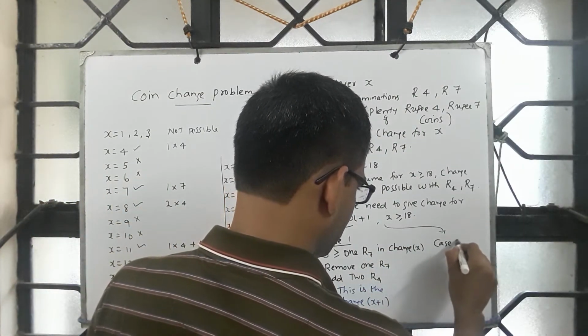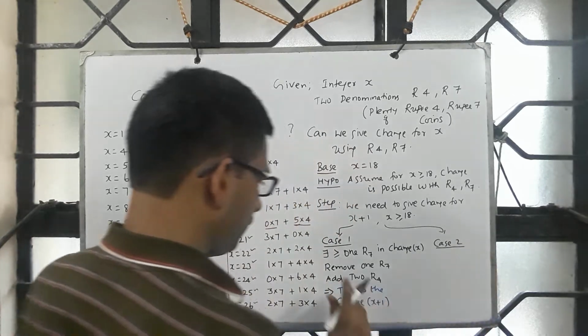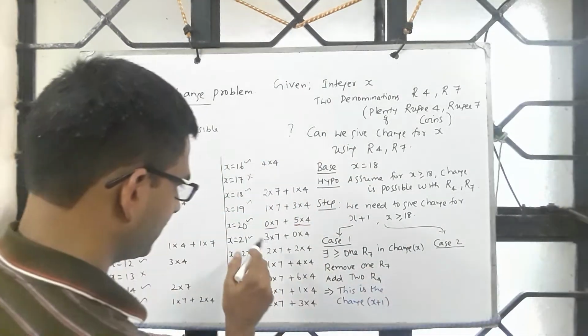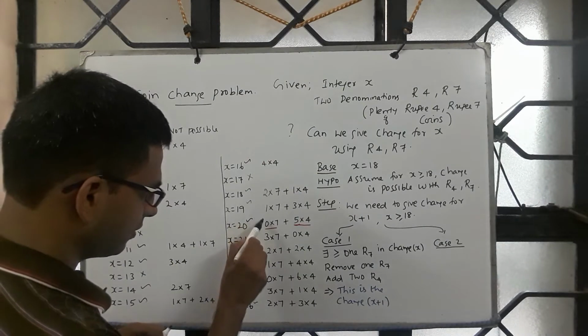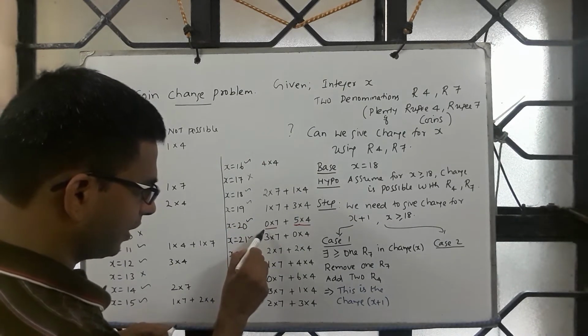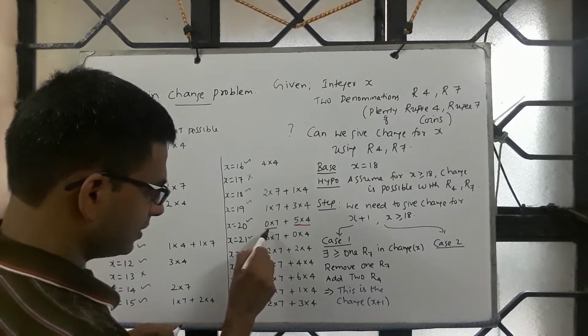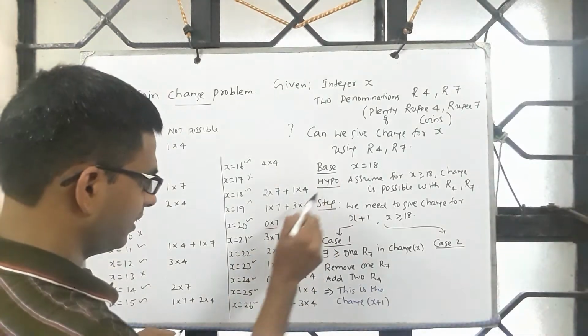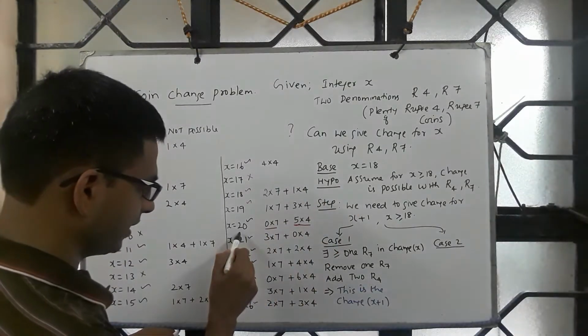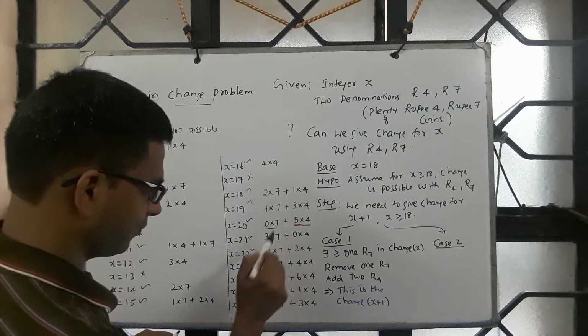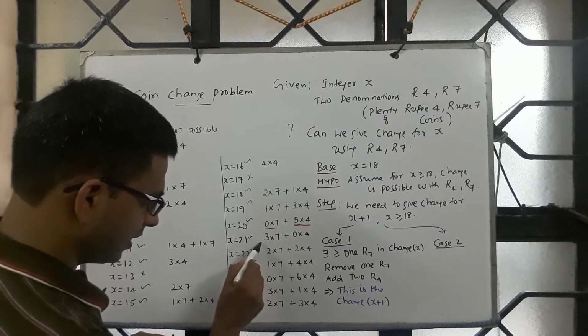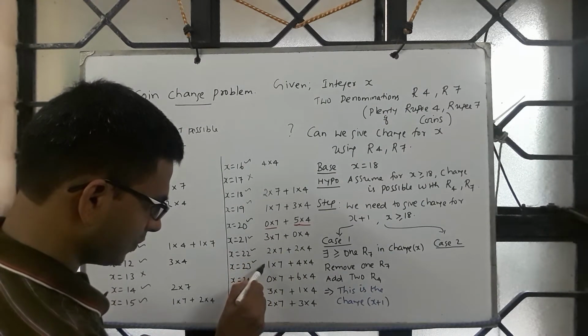Other case, I don't find at least 1 7. For example, in all this you find, but you don't find here. When you don't find this and n is 18, but when you come over here n becomes 20, which means you find at least 5 4. Look at this pattern, at least 1 7, at least 1 7, at least 1 7.